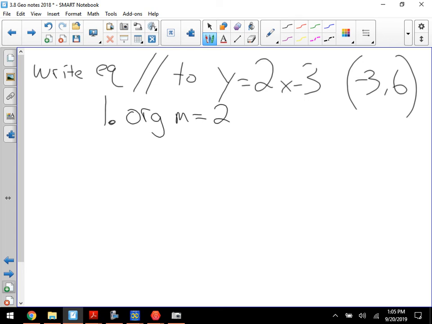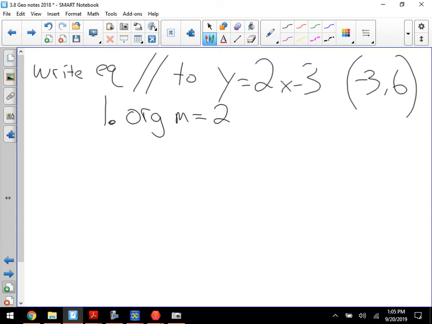After that, my second step is to reread the question and ask ourselves, is this a parallel problem or a perpendicular problem? Which one is it? It's parallel.